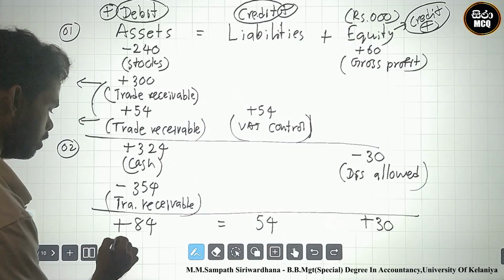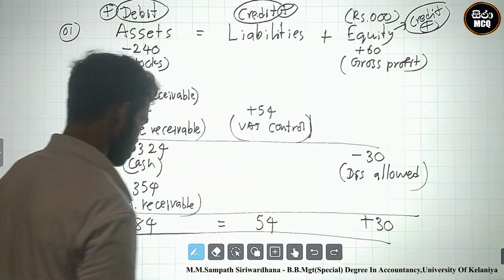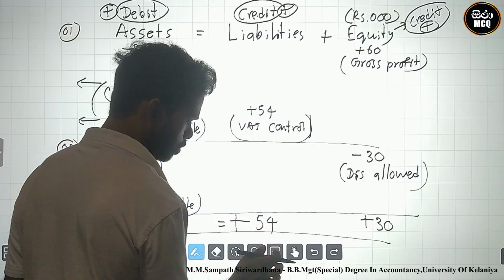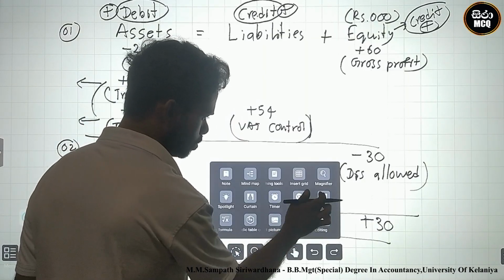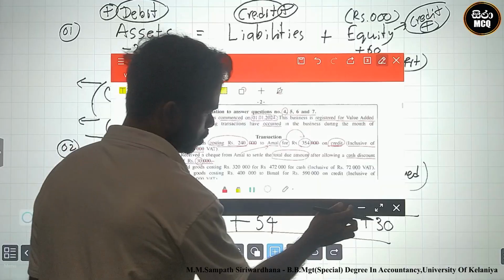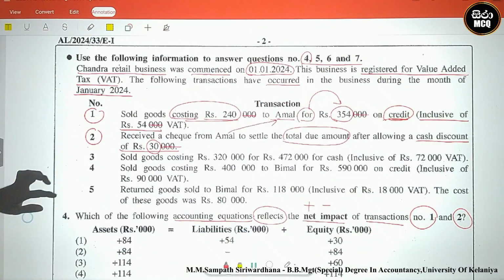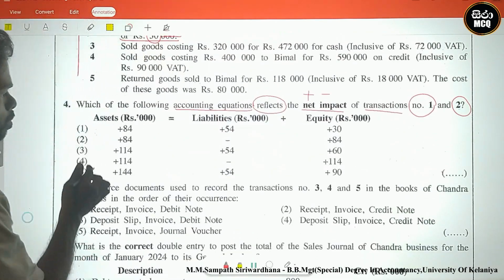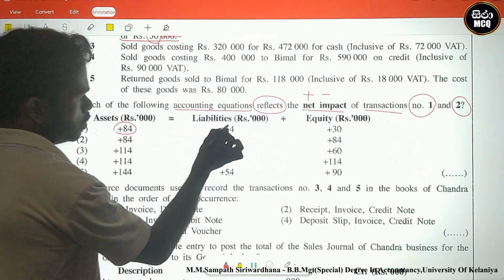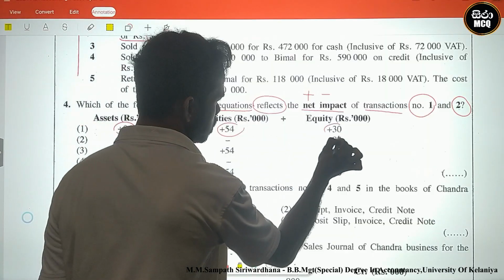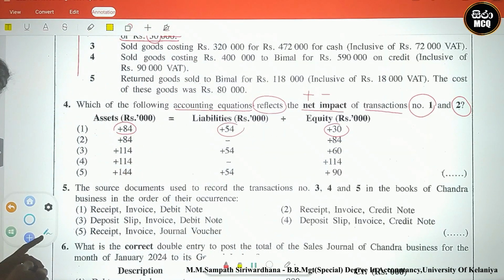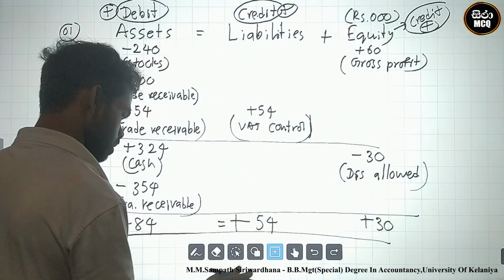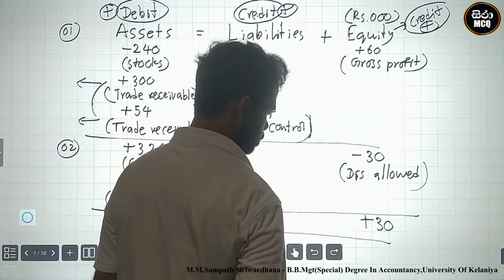Okay, the answer is there. All are plus. 84 plus assets, 54, 30. Look here, answer: 84 plus, 54 plus, 30 plus. This is the impact. Check it.